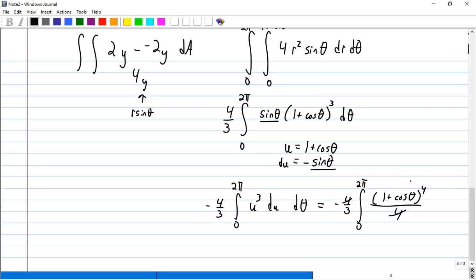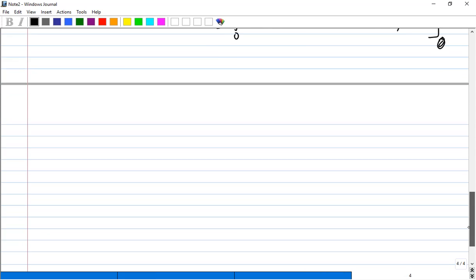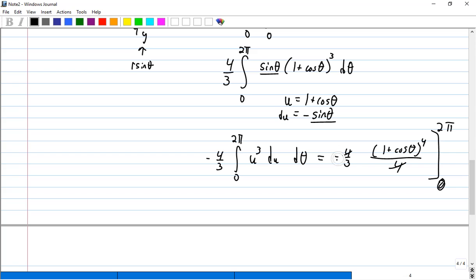This and this are going to cancel out then. I got to evaluate it, 0 to 2 pi. So that's a negative 1/3 times, I'm going to plug in a 2 pi.